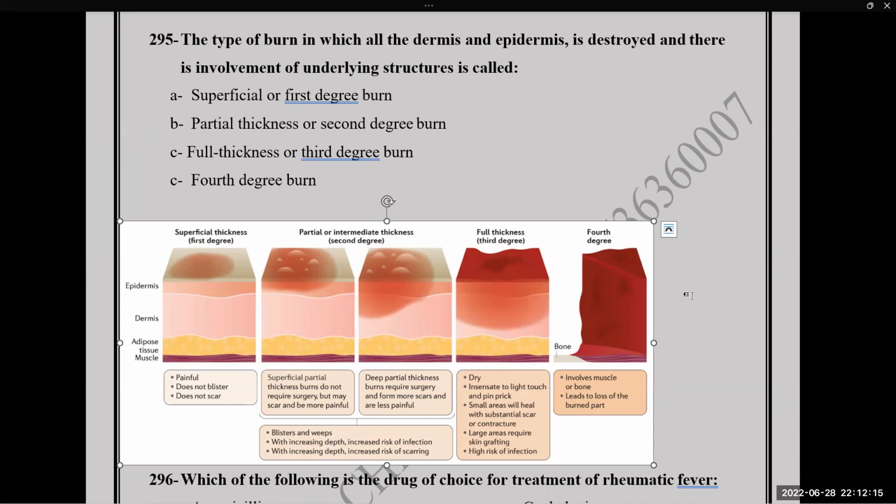So please select. C, full thickness or third degree one. Exactly. So third degree burn. Okay, fine. These are the common general questions which we have discussed. In the next class, we will discuss questions from maternity.